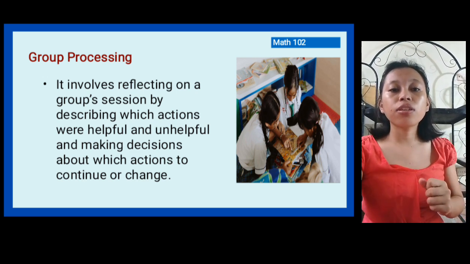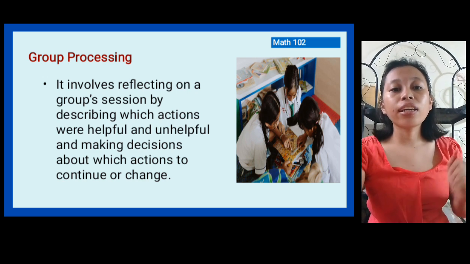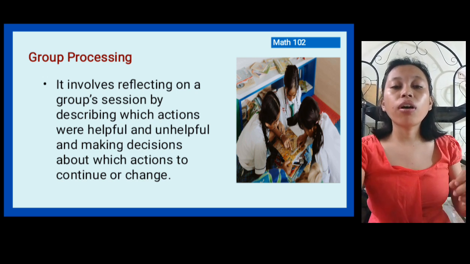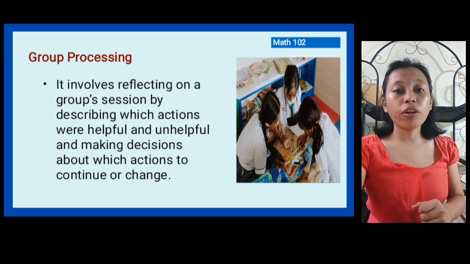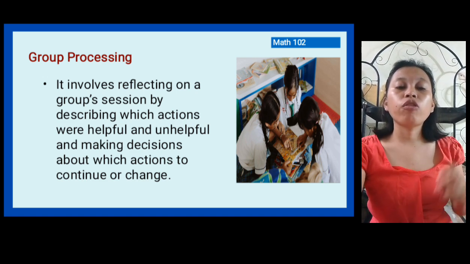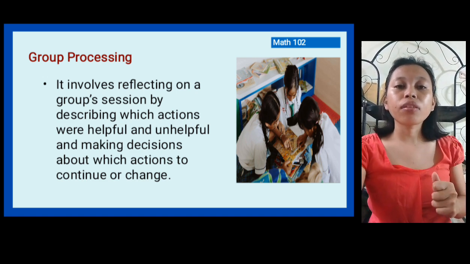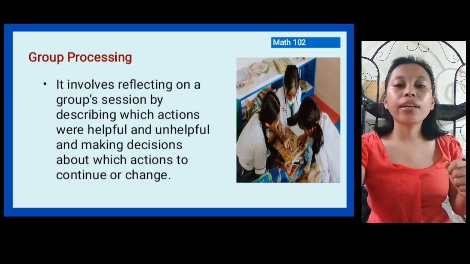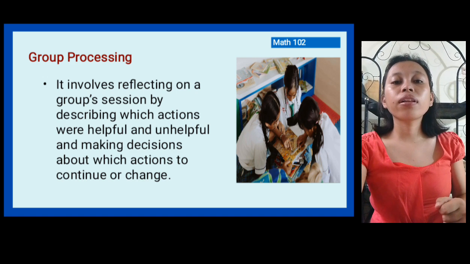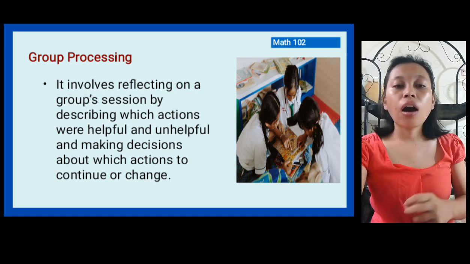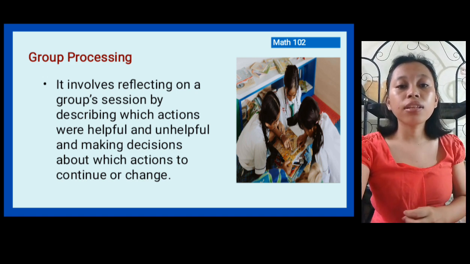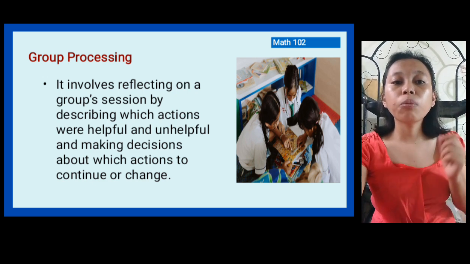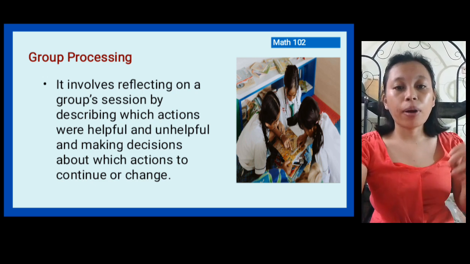This helps the students identify areas for growth and develop strategies for working more effectively together in the future. Example, at the end of a group activity, students might discuss how well they communicated, how they shared responsibilities, and how they could improve their teamwork for future projects.